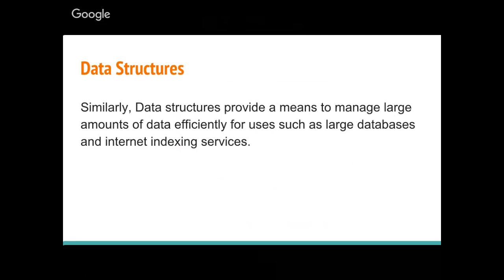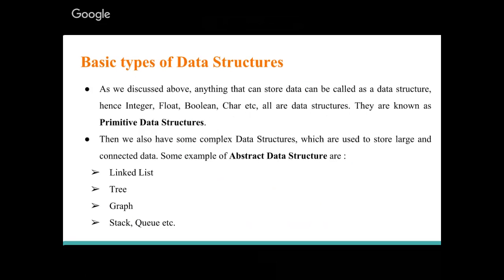Now let's look at certain data structures. I'll go through a few of them and explain what the different data structures are. Basic types of data structures, as we discussed above: anything that can store data can be called a data structure. Hence integer, float, Boolean, and character all fall into data structures because they store a certain type of data.